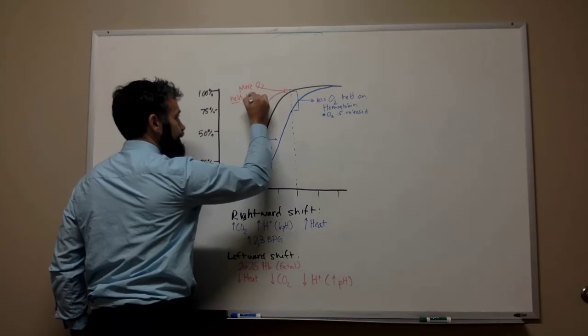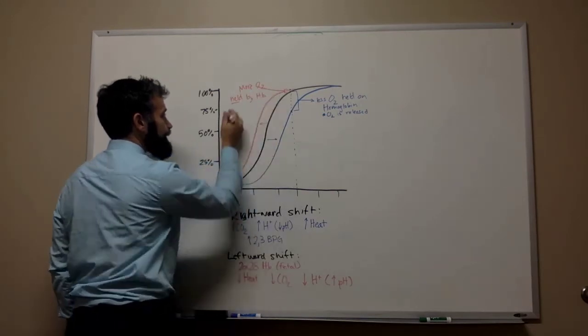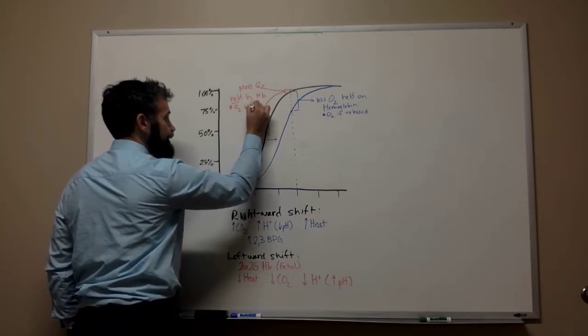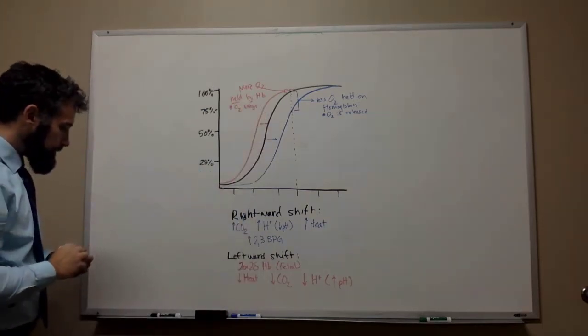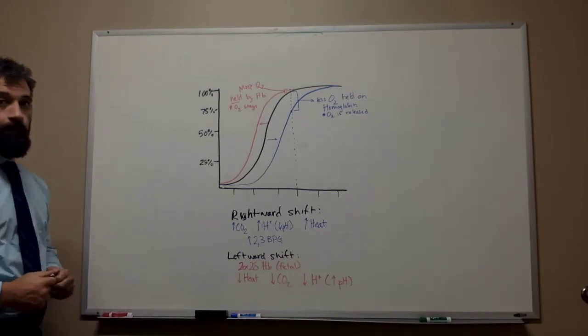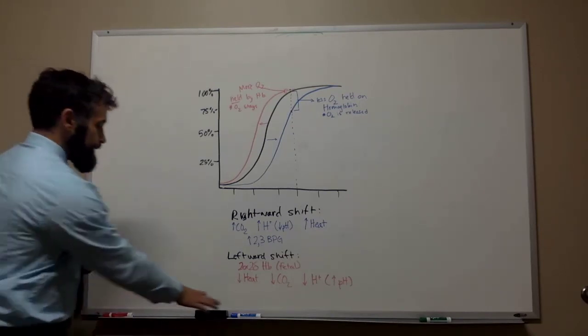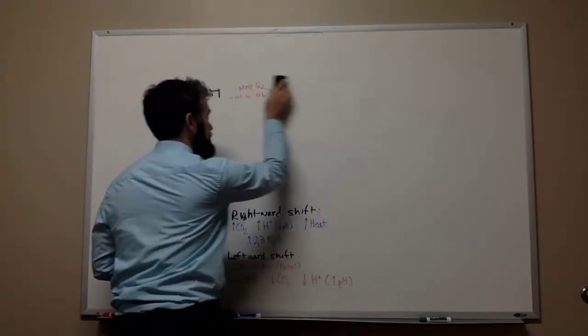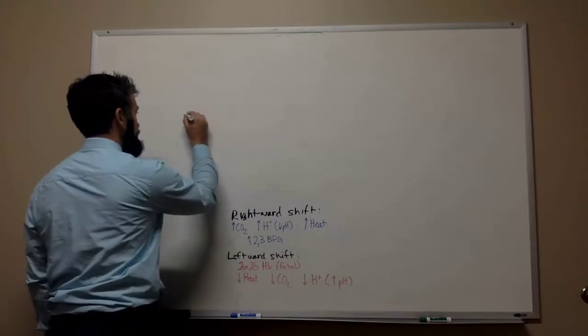So in general, more oxygen is available in the blood. So a leftward shift is actually pretty good at the level of the lungs because it means that at the lungs, if it's cooler and there's less respirating tissue, then you can actually hold on to more oxygen there.